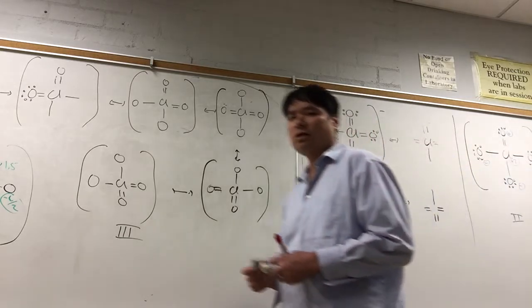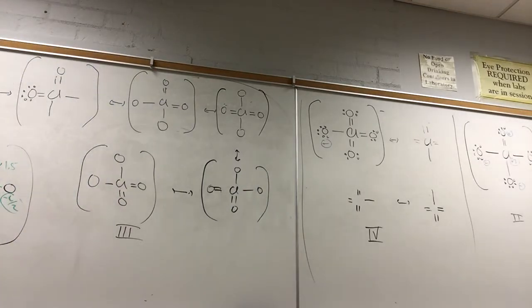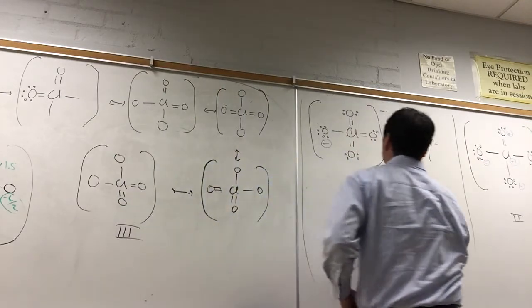So which structure is the best? Is it 1, 2, 3, or 4 for perchlorate? Well, there's problems with forming the double bonds. Let me tell you about some of the problems.